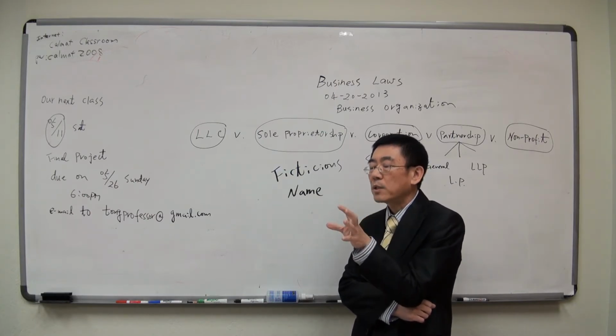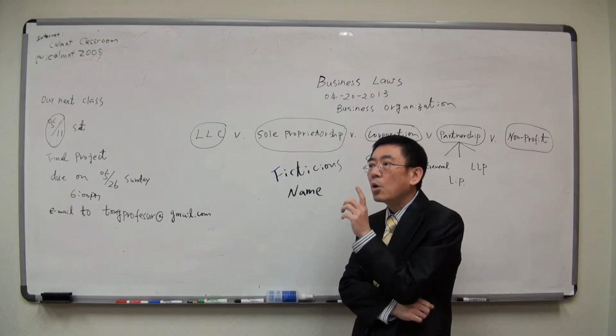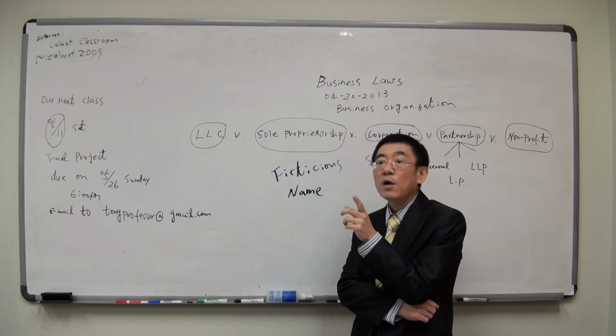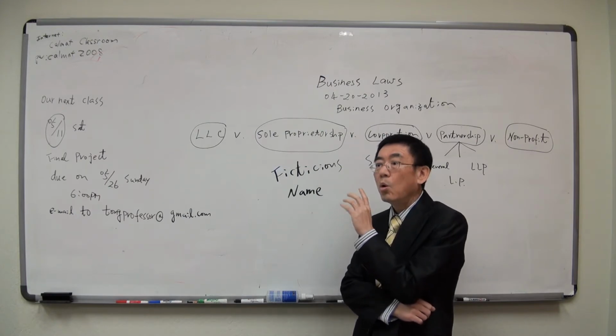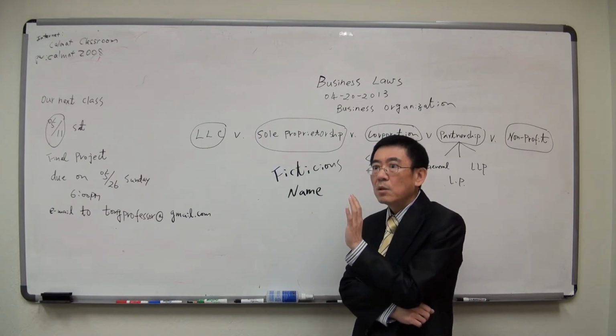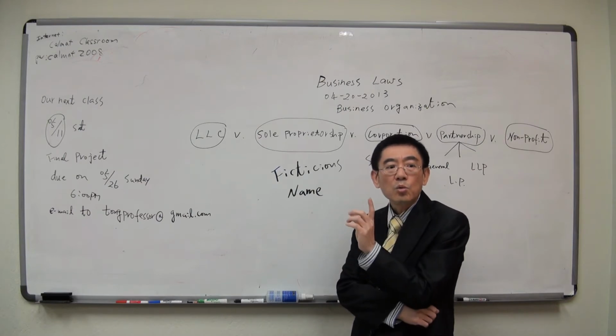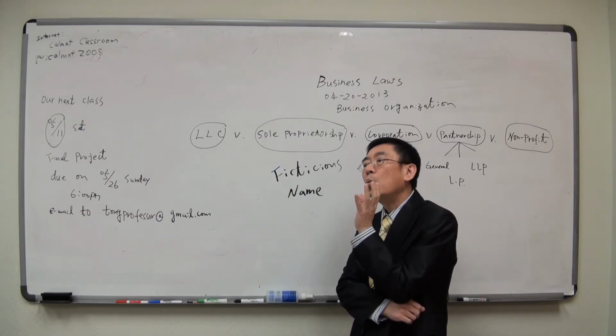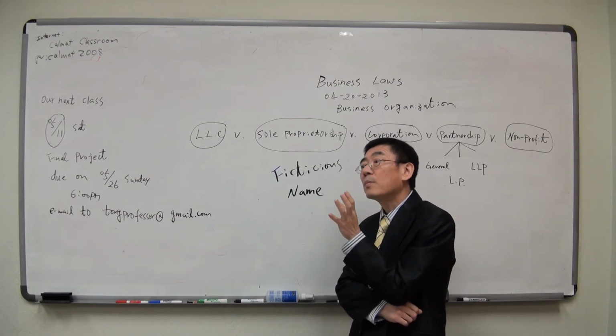That's 100%. To start out your sole proprietorship business, usually people start from their home or apartment. And then you go to the county in which your residence is located.